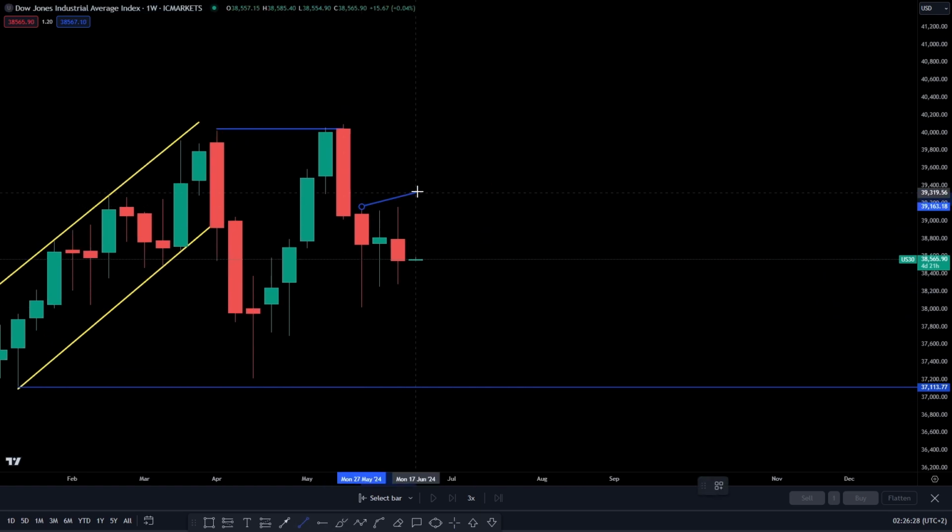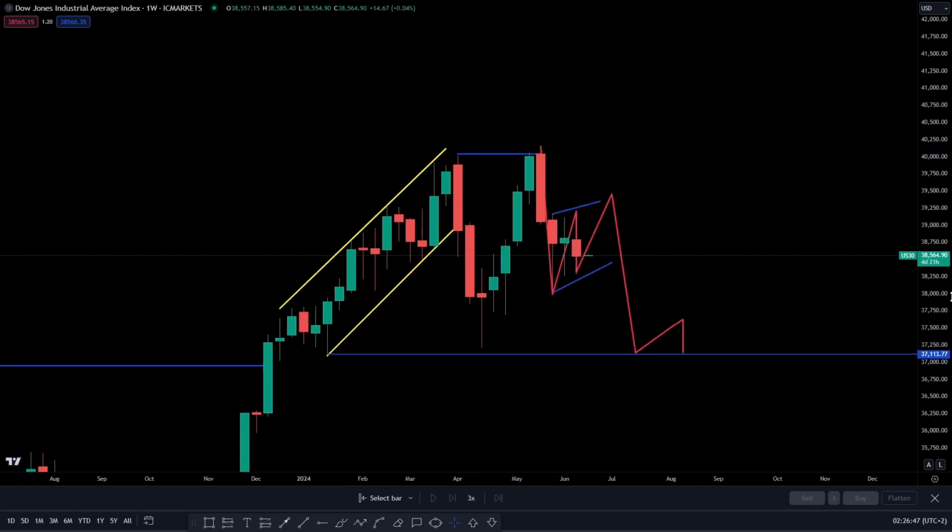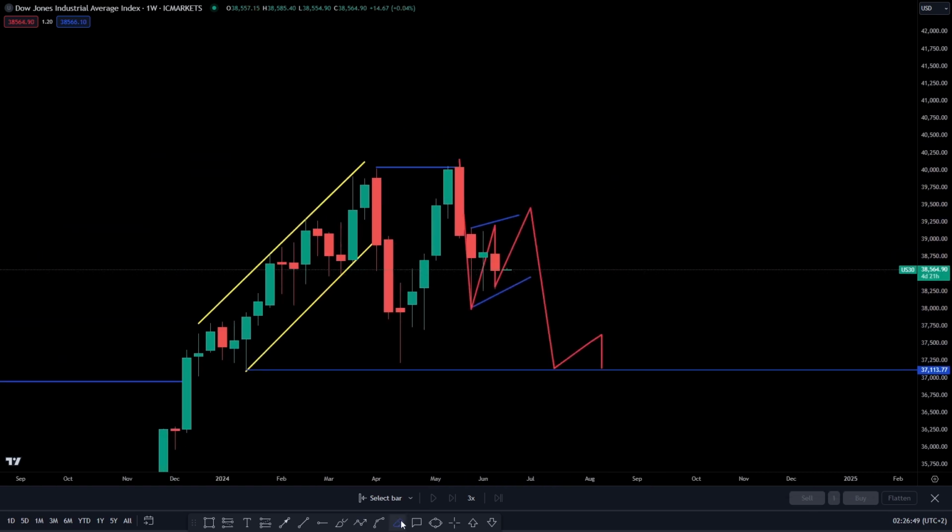So another thing that I'm seeing is this structure. So this structure, we can say this is our impulse, this is our correction. On the third touch, I'll be looking for sells. If the sell presents itself, I'm gonna take it.